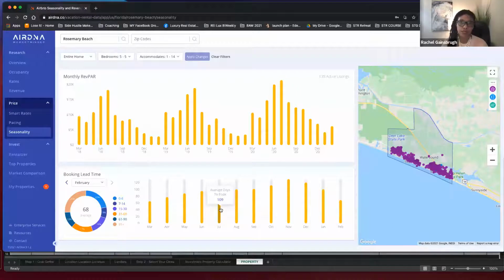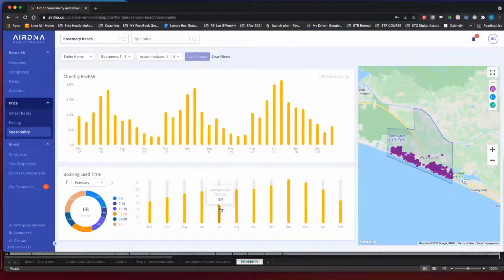Do any of you use, or have any of you played around with, any revenue management tools like Price Labs, Beyond Pricing? I have not. Okay. I have, but they seem to be a lot lower than what I charge. Okay. Who said that? Was that you, Debbie? Yes. Okay.